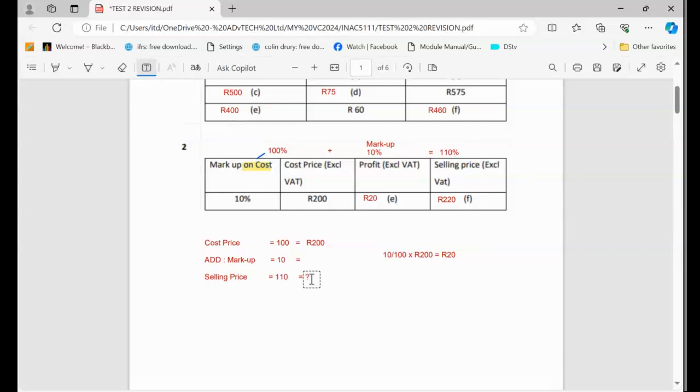Because you put the question mark here, you say 110 on top, because the question mark is what you are looking for. And then again, because you put 200 there, you divide by 100. Can you see now? And you times it by what? By 200. You are going to get that 220 directly.